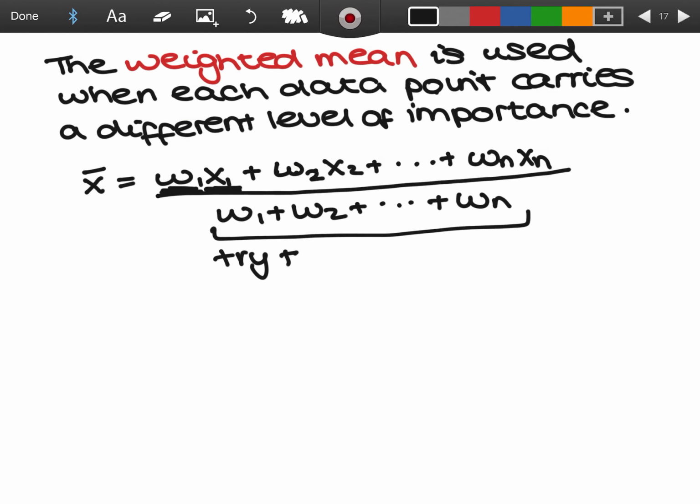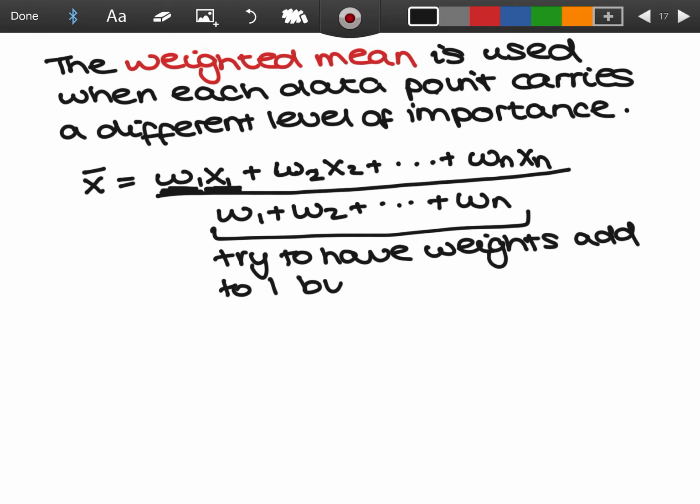So all we do here is take a data point, multiply it by its associated weight, add all of those together, and divide by the sum of the weights.